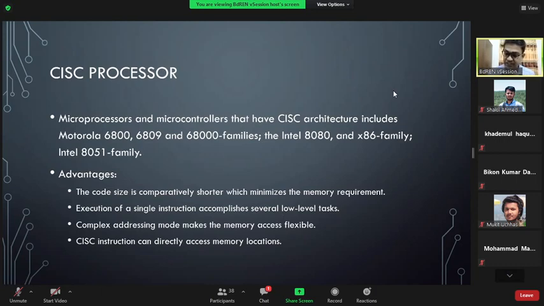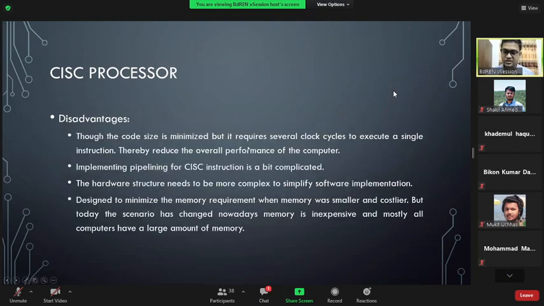At the same time, it can be a disadvantage, because that one line is complex code and it will take more time to perform. Sometimes it reduces the performance of your computer, because you need more time to execute one single instruction, since one instruction of this type of microprocessor is actually a combination of several other instructions.